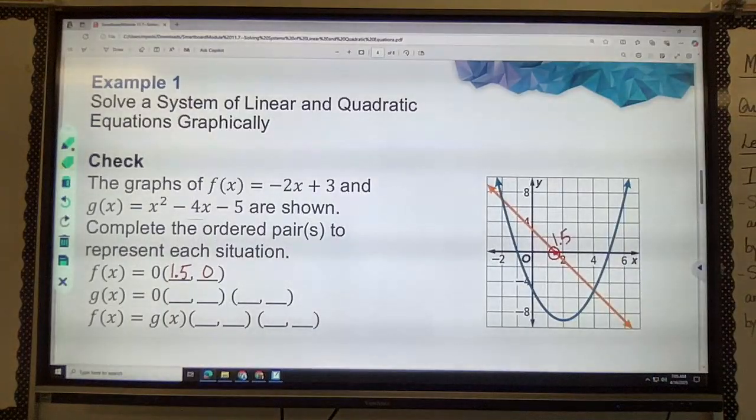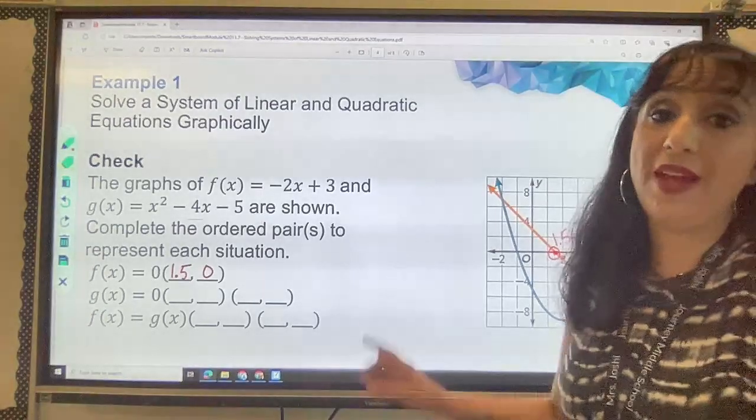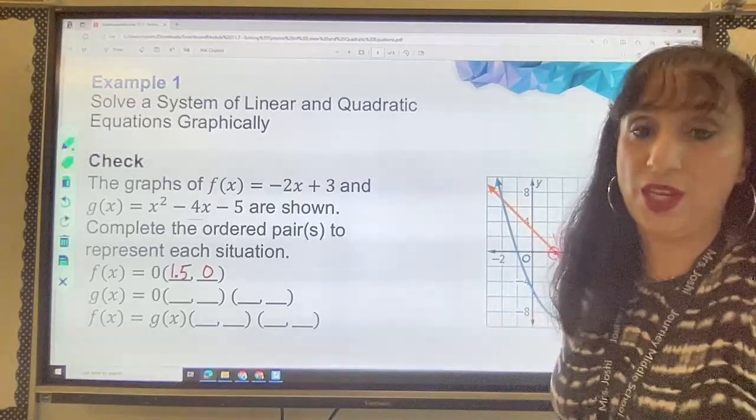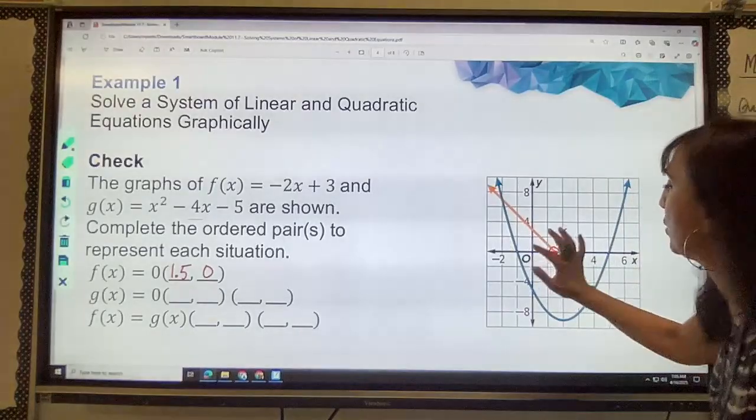All right, now let's look at the g of x, and we are looking at where is the 0 again means what? We are solving for zeros, which are the x-intercepts, right? So g of x is my quadratic equation. So I'm going to look at the blue line. So it's intersecting. There are two solutions.